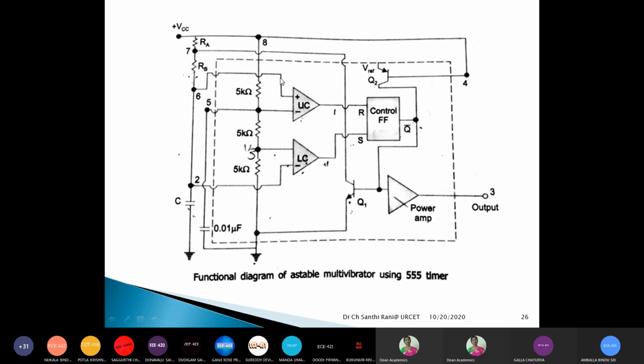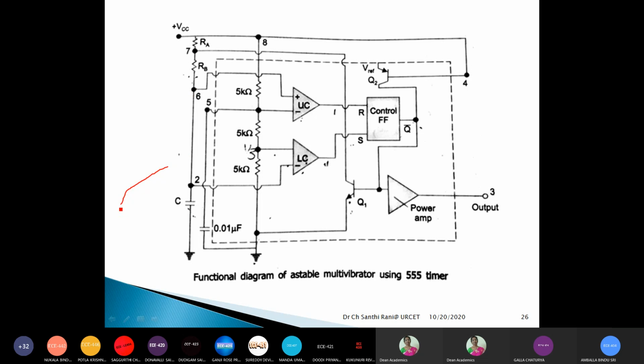Now what is the other input that is applied to compare these two inputs? You observe, the other input is also the voltage across the capacitor, right? So the voltage across the capacitor will be changing according to VCC. That means when you switch on the supply, the capacitor starts charging. When you switch on this VCC, through this RA and RB, the capacitor will be charging, right?